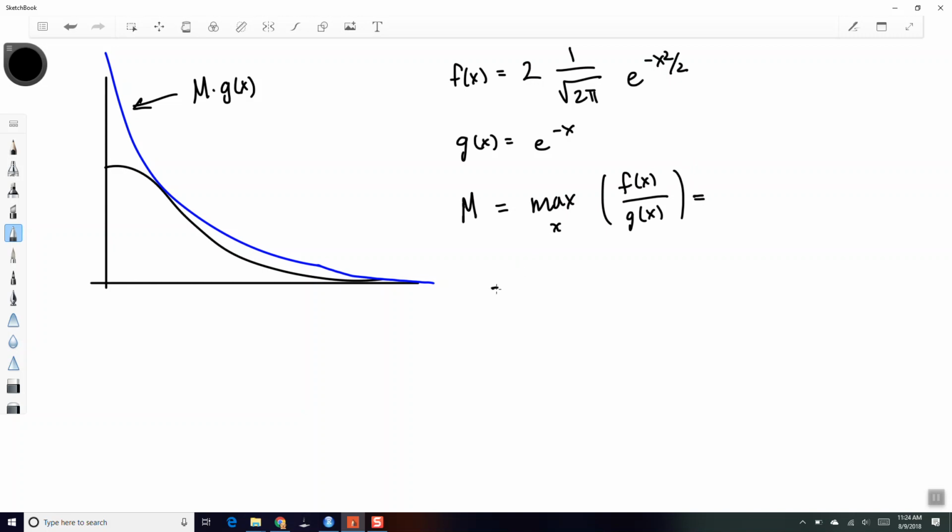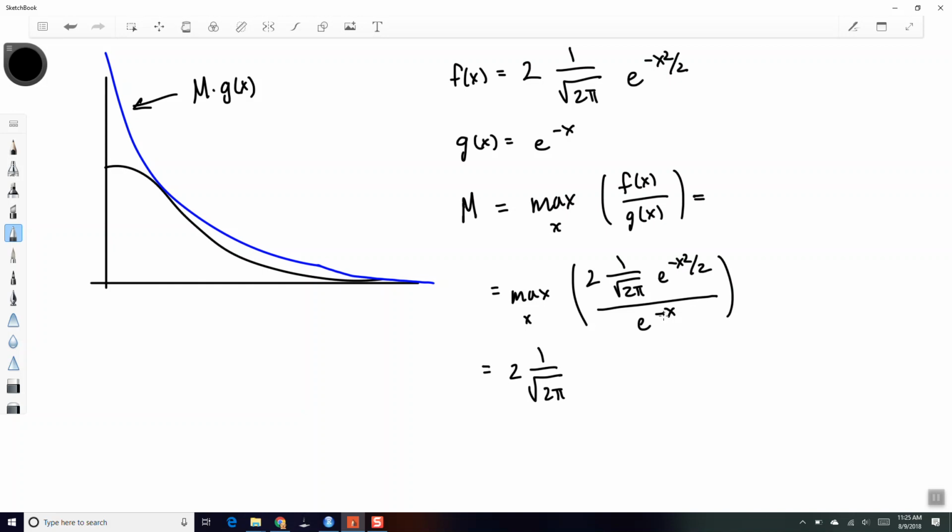And so this is going to be the max value over x of 2 over root 2 pi e to the negative x squared over 2 divided by e to the negative x. And here I get 2 times 1 over root 2 pi, and these combine to e to the negative x squared over 2 minus x. Okay.